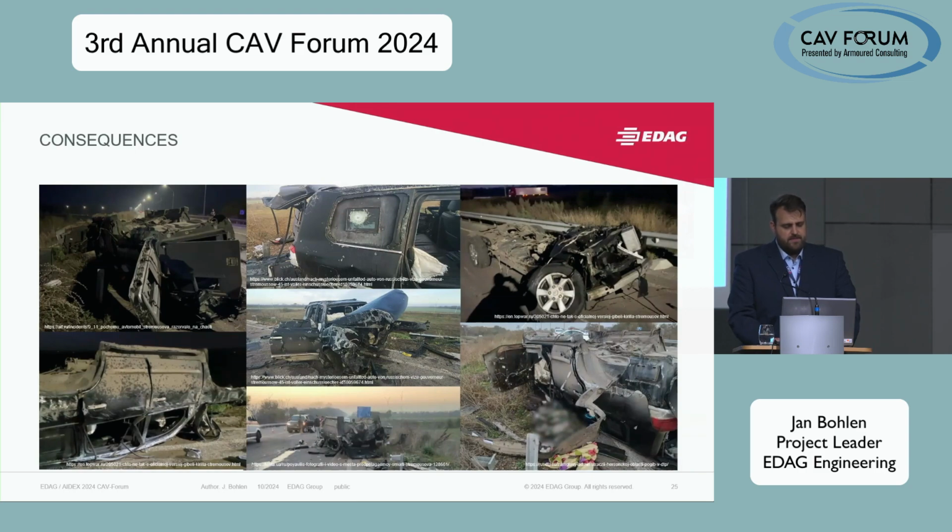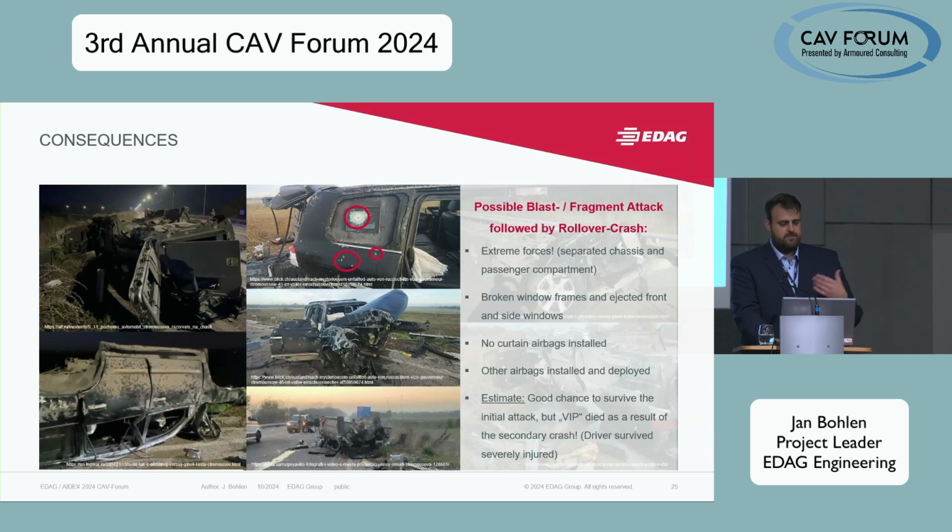But my belief is that there was a shelling attack prior to the crash. So there was some grenade shelling on it. We see the impacts on the side window here, and then maybe the vehicle was damaged. The driver lost control, hit a quite rigid barrier, and then we have a rollover crash afterwards.